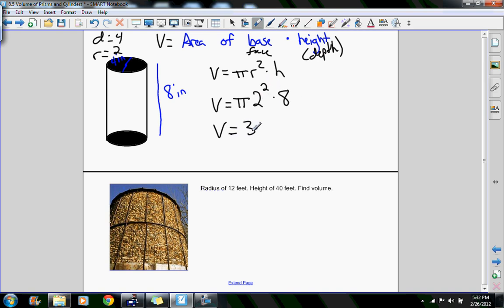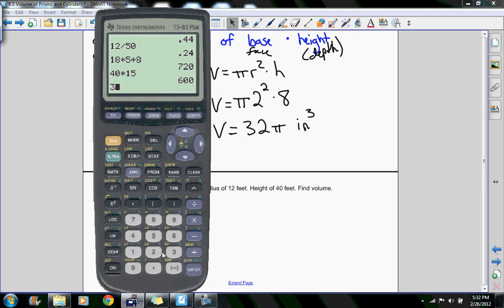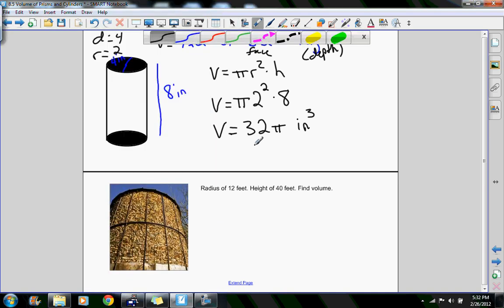So I would get 32 pi inches cubed. Or I could go 32 times pi and get an answer of about 100.5. Either one of these answers would be acceptable.